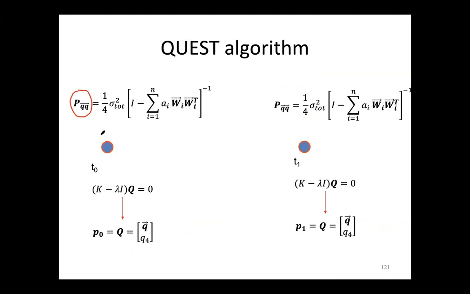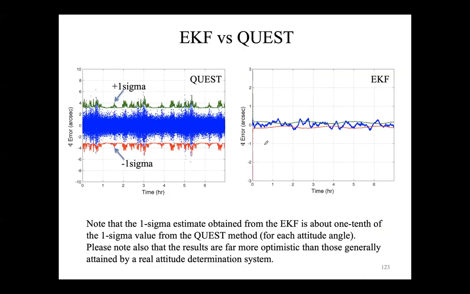For the quest algorithm, every single instant is completely decoupled, you don't have any relationship. Since you're not able to propagate the state, the a priori information, every single state in the quest algorithm is associated to the current noise of the star sensors.